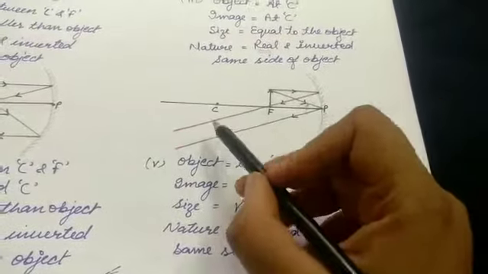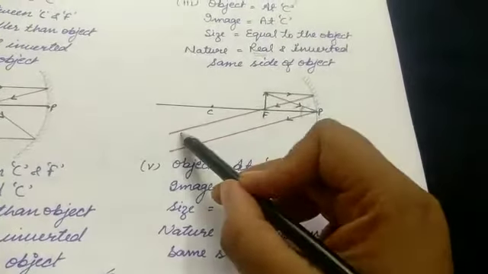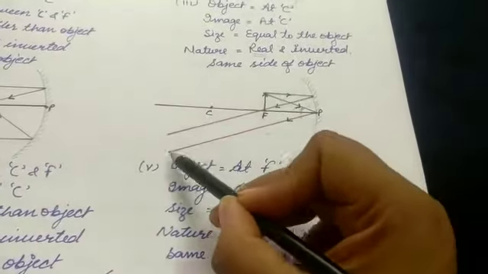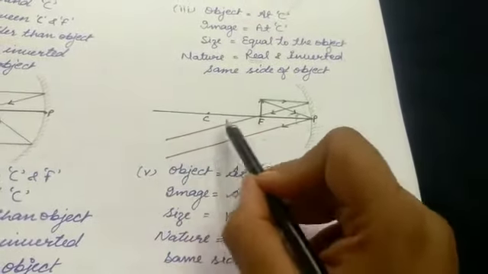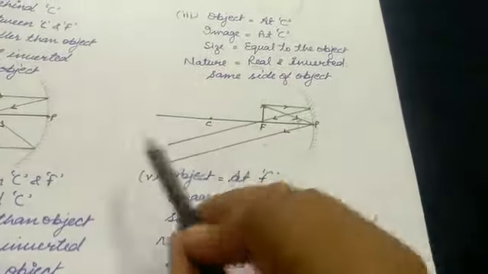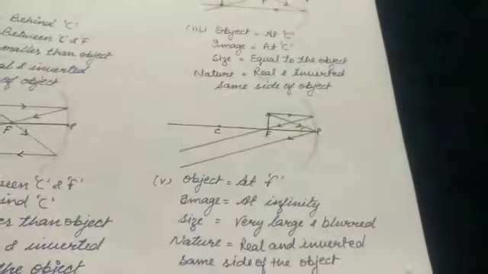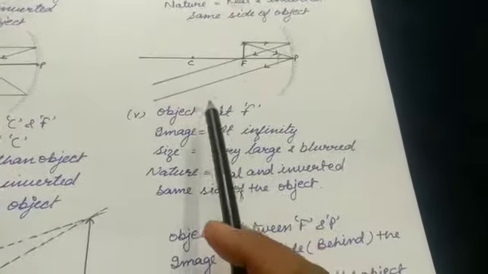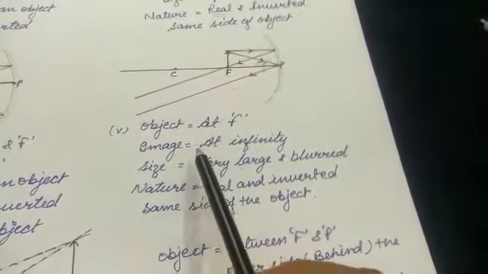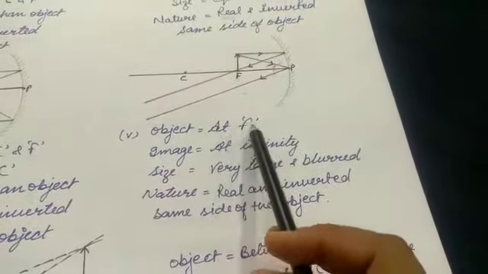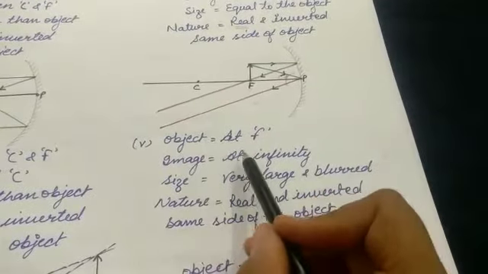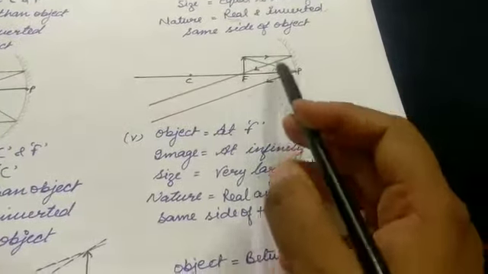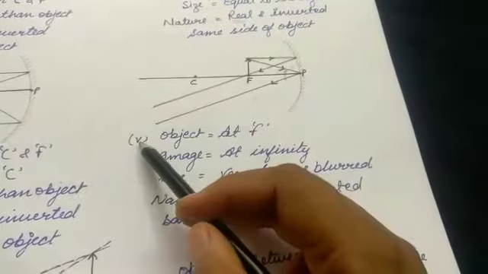In such a case, you can see that both the reflected rays are parallel to each other. They are not intersecting each other, so they will keep on moving and reach at infinity. So what information do we get here? The object is placed at the focus point. Here is our object, and the image will form at infinity because both the reflected rays are parallel to each other.